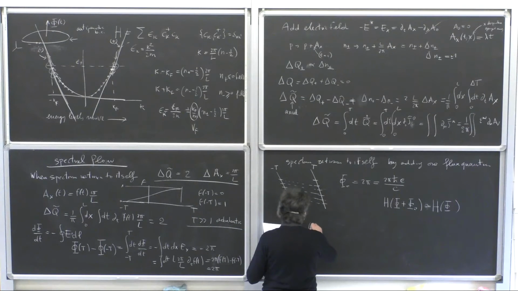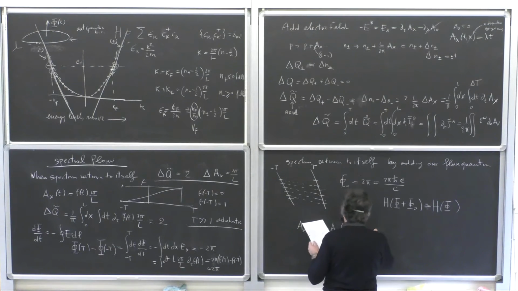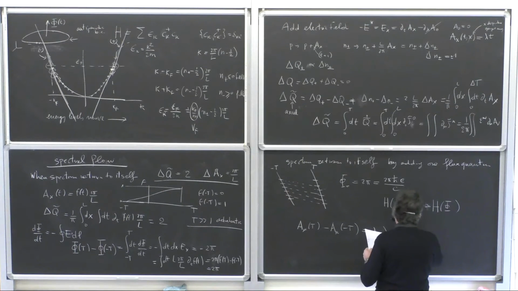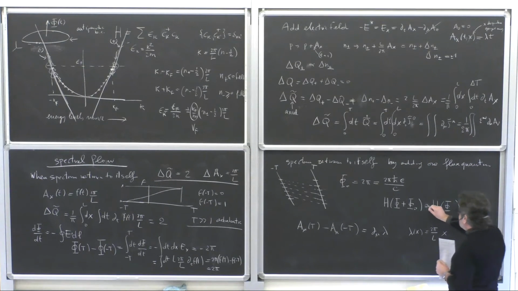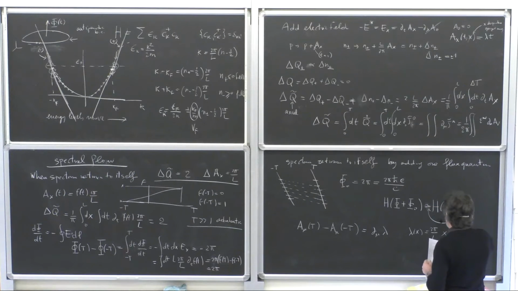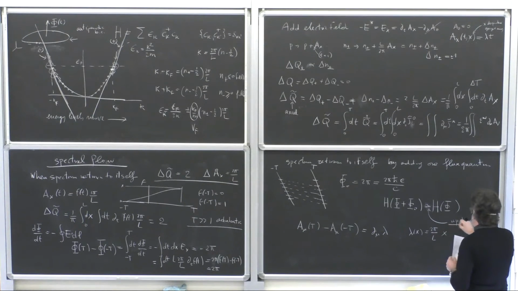You take A mu of t minus A mu of minus t. Okay, it is d mu lambda. Well, so it's a gauge transformation where lambda of x is 2 pi over Lx. You see? So this equivalence is up to a gauge transformation.